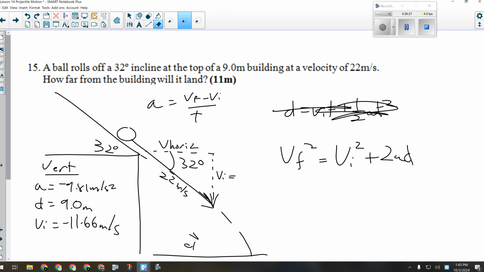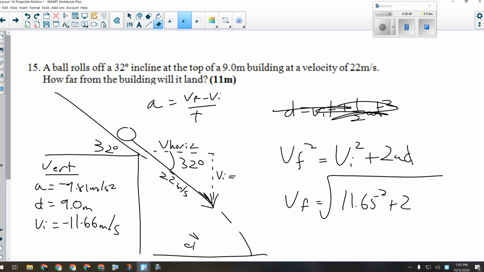I'll use that to get VF. And then I'll plug VF into here to get time. And then I can find what the horizontal distance is. Obviously, I haven't found V horizontal yet either. All right, so VF is going to be the square root of 11.65 squared plus 2 times 9.81 times 9 meters.